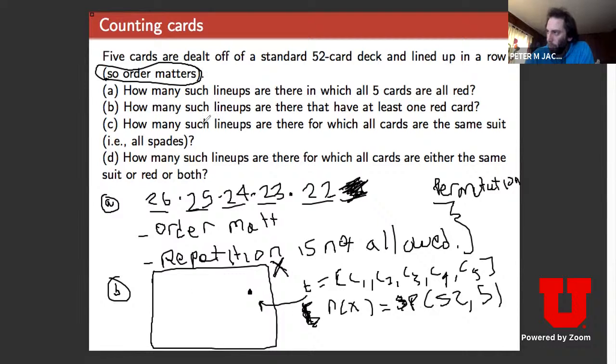Then if we want to count up how many lineups there are that have at least 1 red card, now we should recognize that, what is that before the P? Oh, sorry, that is a scribble. There's nothing there.